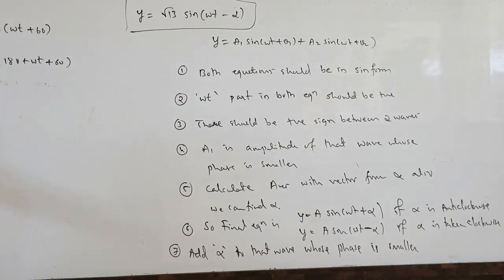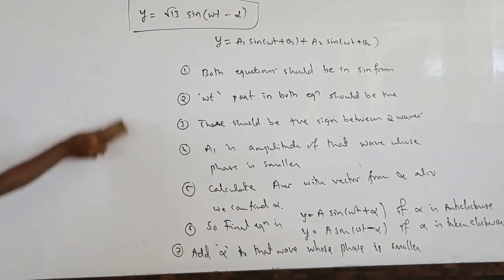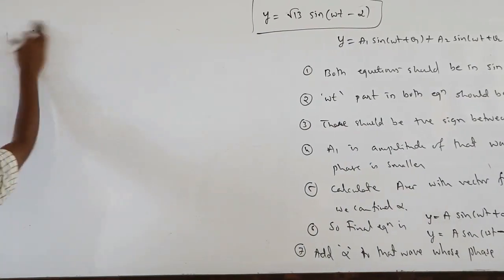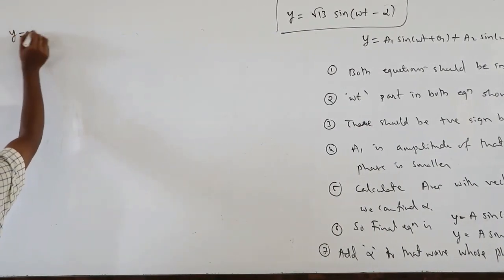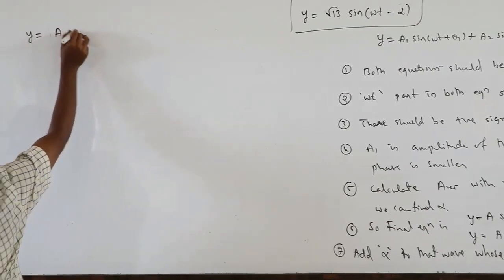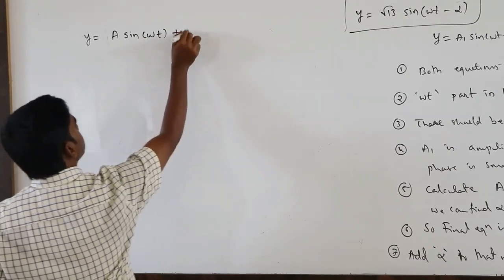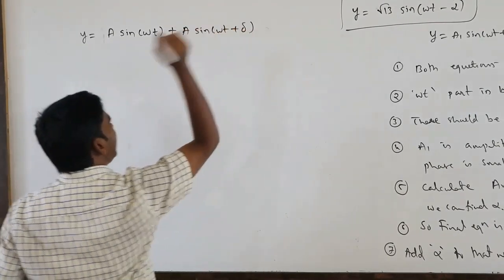Now suppose I take one more simple example, without calculating all these things. Suppose you have y equals a sin omega t plus a sin omega t plus delta.